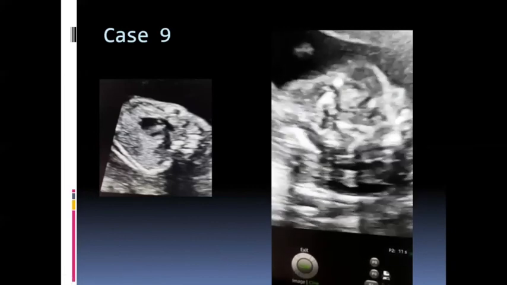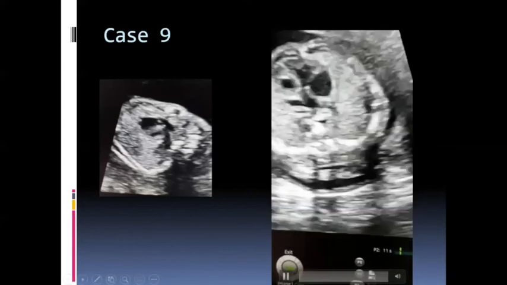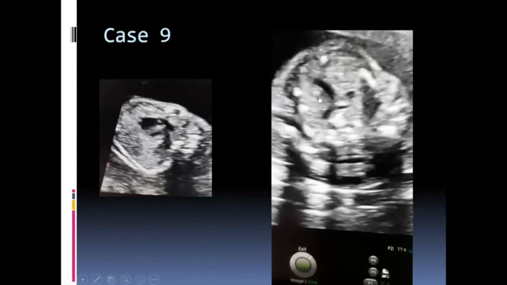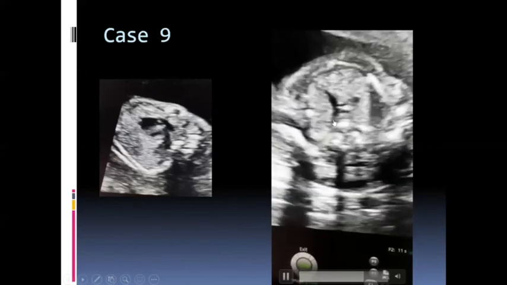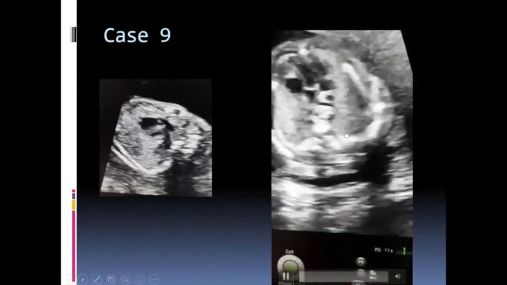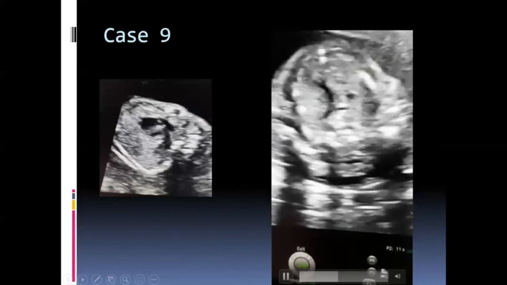We should do a detailed scan and see whether the pulmonary arteries are arising from the left and the aorta from the right. And if you look carefully, there is also a VSD. It's a case of transposition of great arteries.